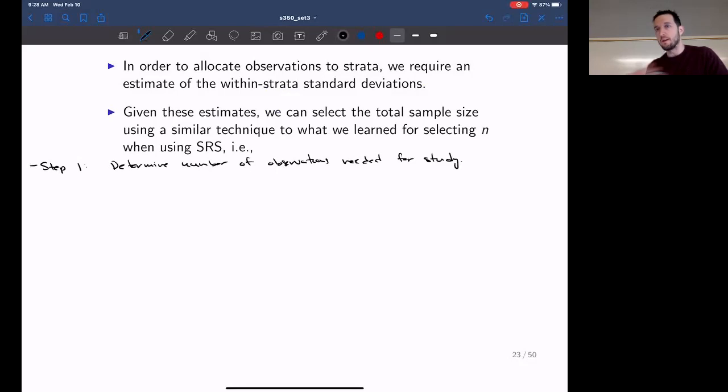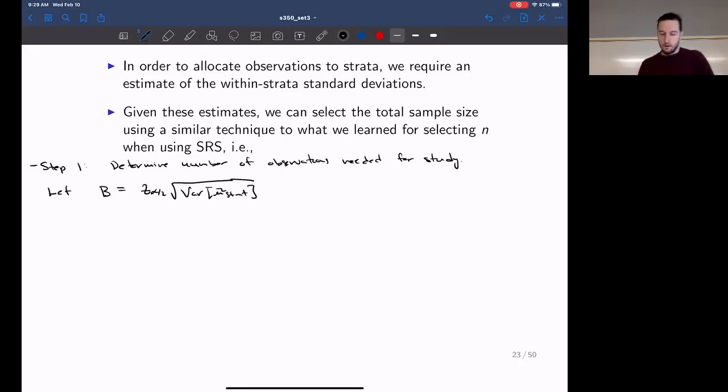The starting point here is the same as the starting point in any type of sample size calculation that we have seen. Let capital B equal our Z alpha over 2 value multiplied by the variance of mu tilde strat. We're just trying to solve for n.